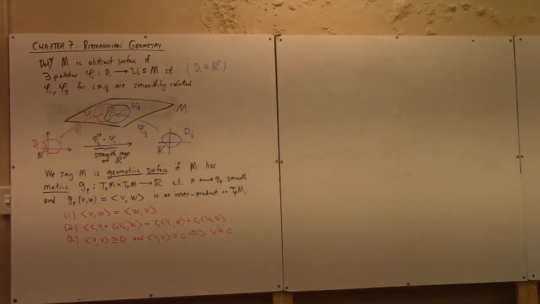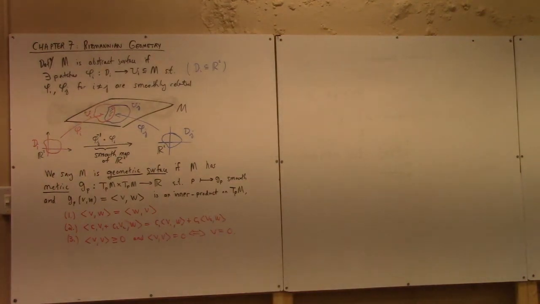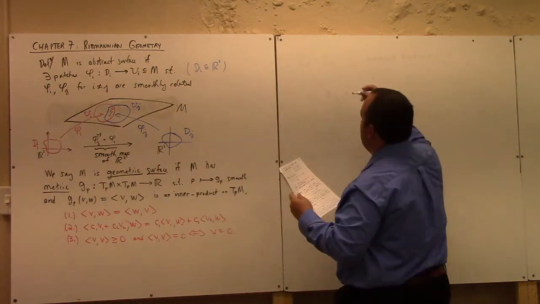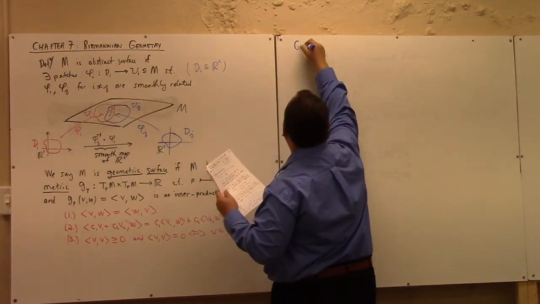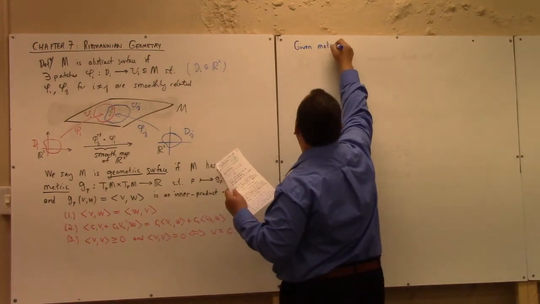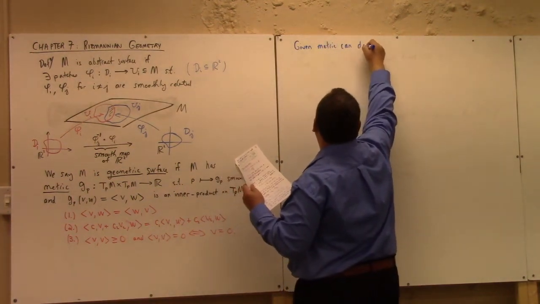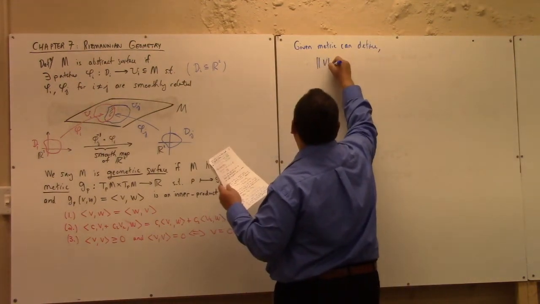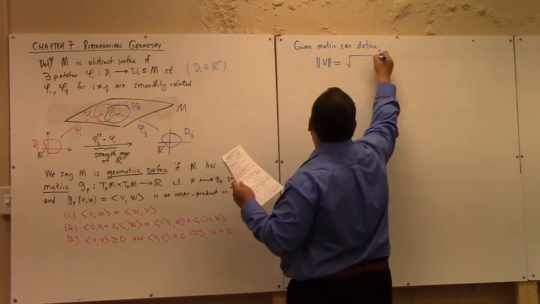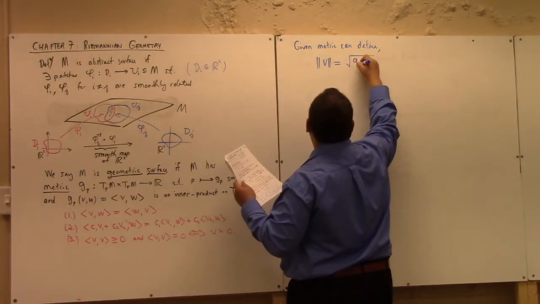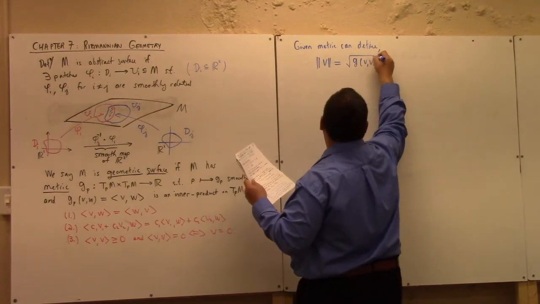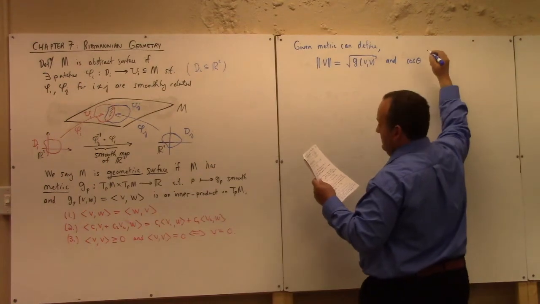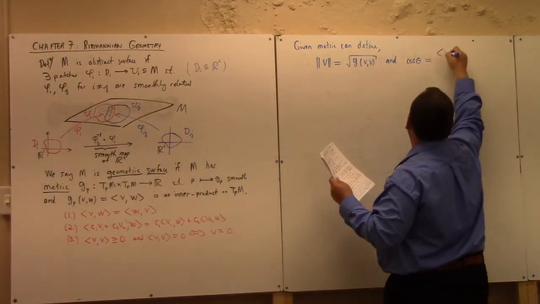Okay, so given a metric, what can you define? You can define the length of a vector as the square root of g(V,V), and you can define the cosine of an angle to be this.